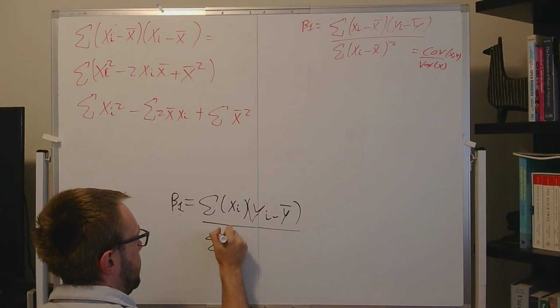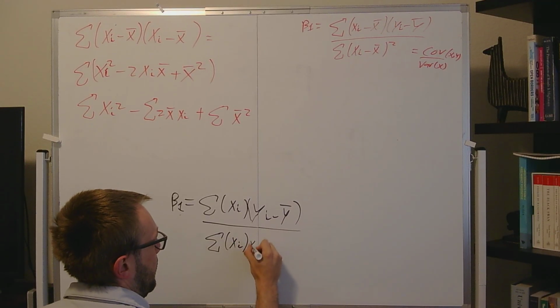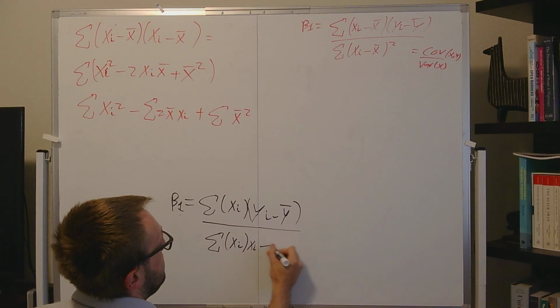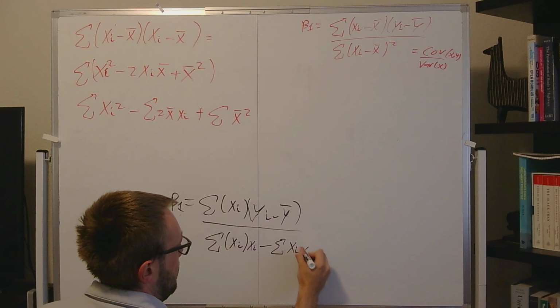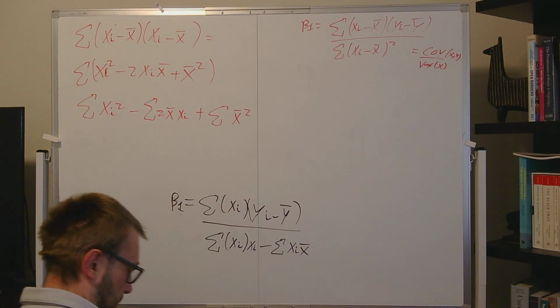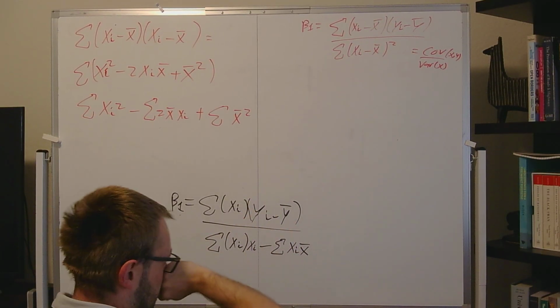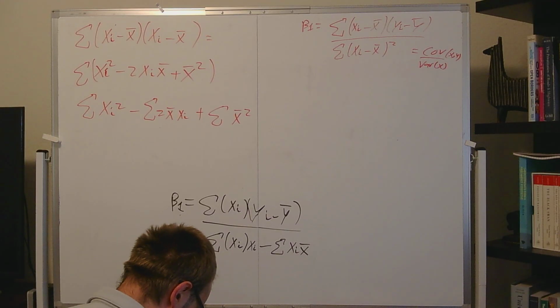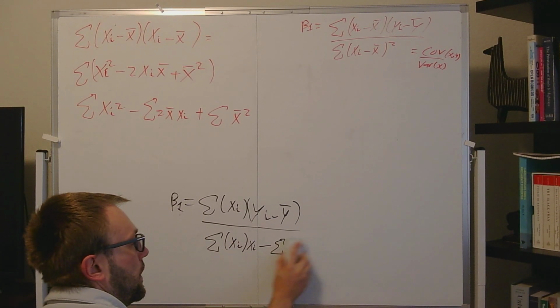So we have sigma xi multiplied by xi, and then minus sigma xi times x bar. So it's kind of close. You can tell that this is actually fairly close to that. And then if we simplify these even a little further, actually let me check my notes here before we go jumping through the rest of this. Yeah, I do want to do it this way.